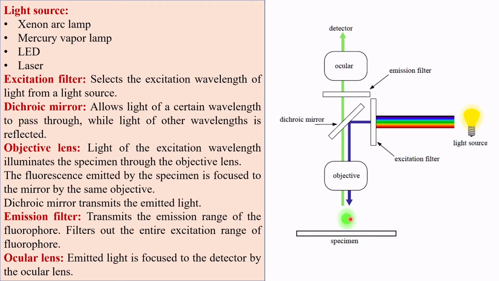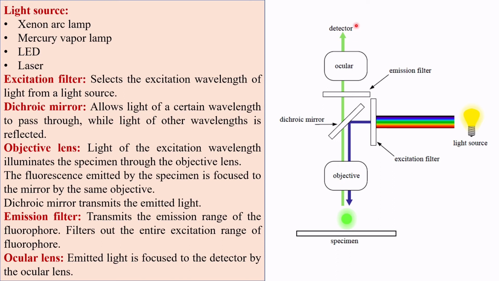So to focus the light on the specimen, we are using the objective lens before it. So the fluorophore is excited and emits fluorescence that is focused by the same objective lens to the dichroic mirror. Okay. So it is going through the dichroic mirror again. This time the green fluorescence light is transmitted by the dichroic mirror. Now the emission filter transmits that light and filters out the entire excitation range of the fluorophore.